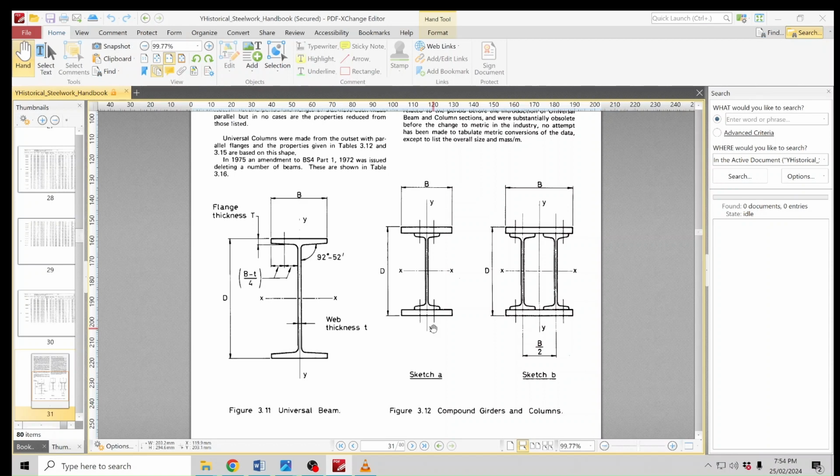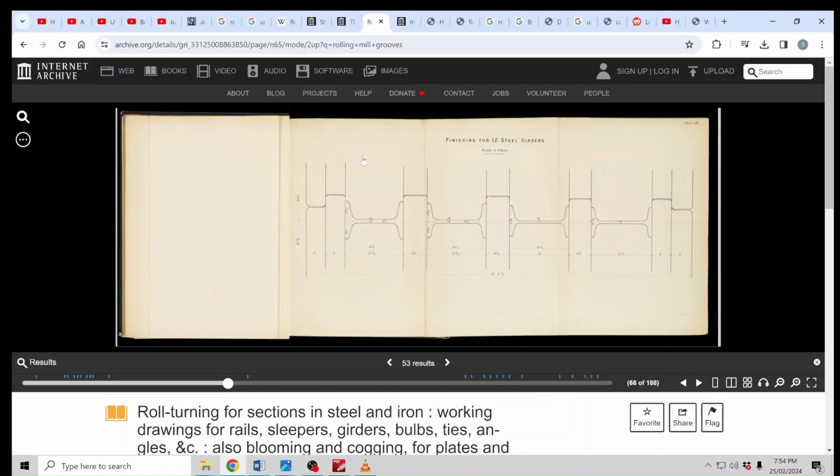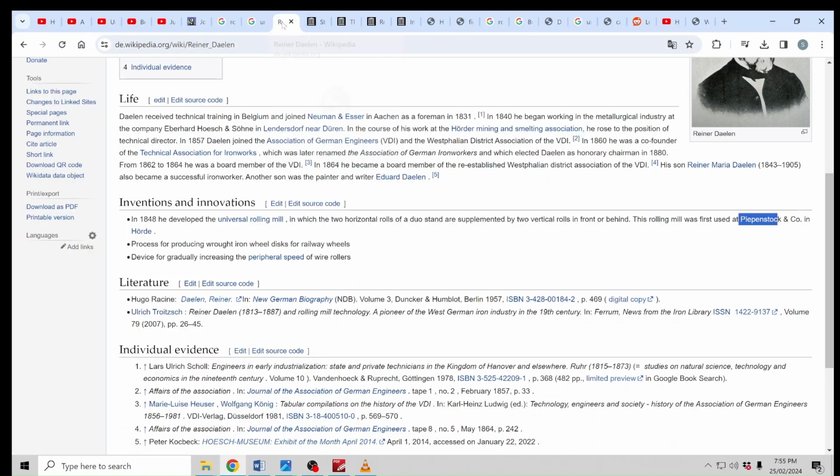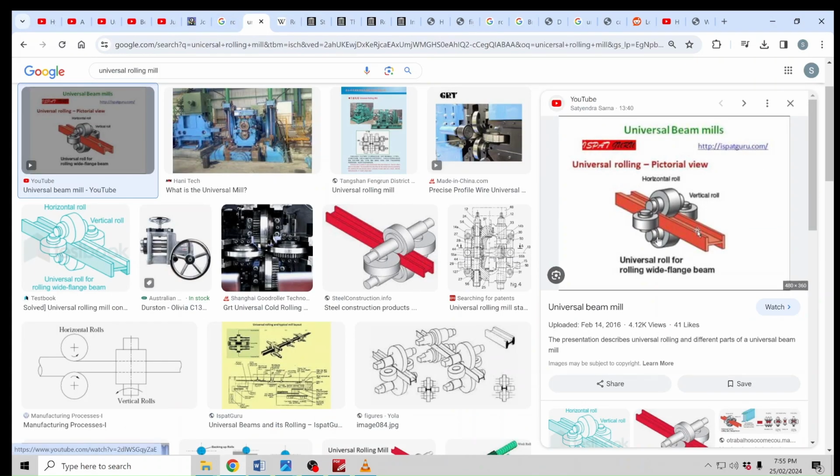So now we enter the universal rolling mill into the game. And the difference between what we just showed you and the universal rolling mill is the addition of more rollers, but this time, instead of two horizontal rollers, top and bottom, we introduce vertical rollers on the sides here.